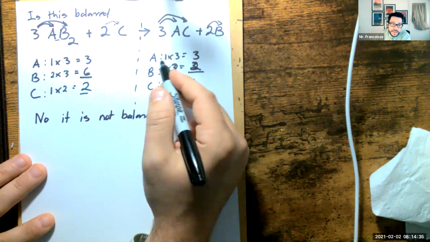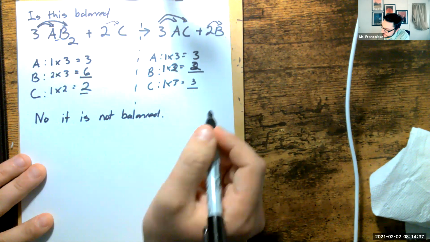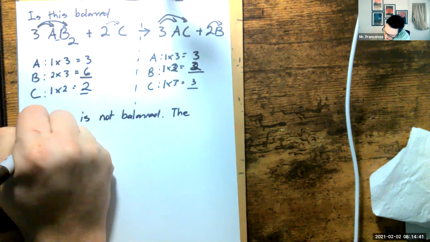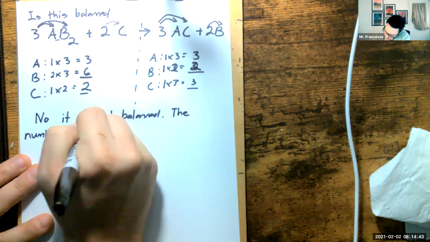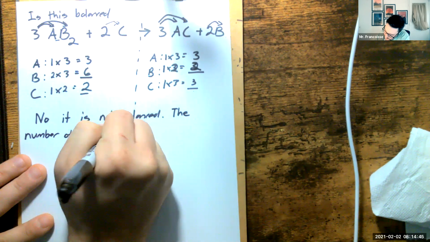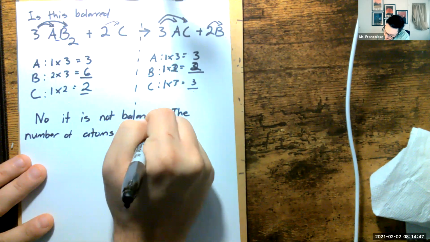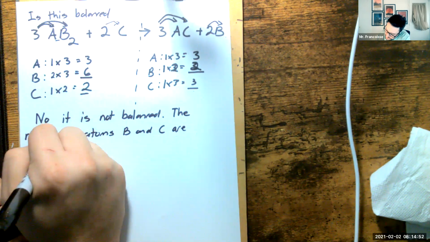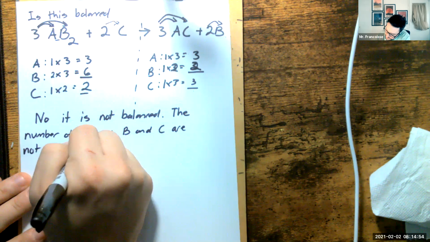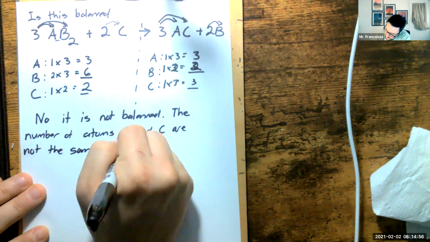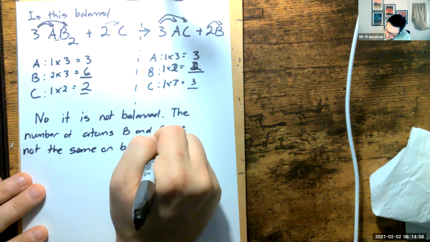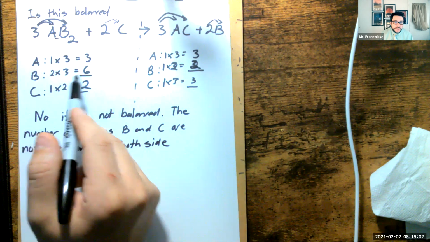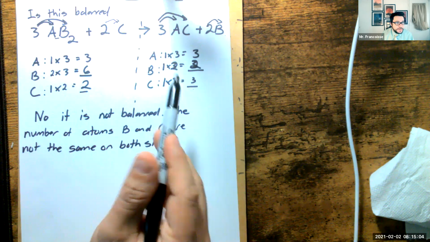The amount of B and C are not the same on both sides, so this is not a balanced equation.